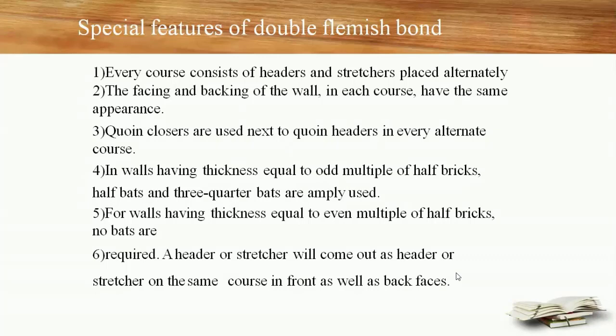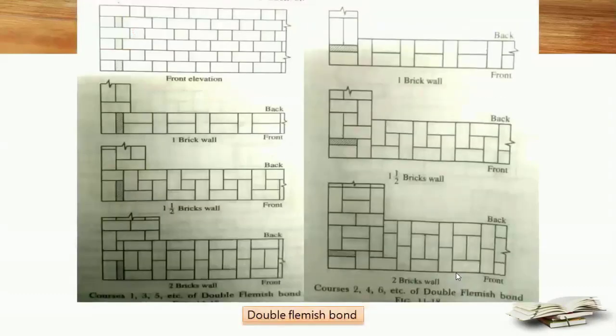Every course consists of a header and stretcher placed alternately. The facing and backing of the wall in each course have the same appearance. Then in a wall having a thickness equal to an odd multiple of half bricks, a header and stretcher will come out as a header or a stretcher on the same course in front as well as the back faces. So basically this is the double Flemish bond.